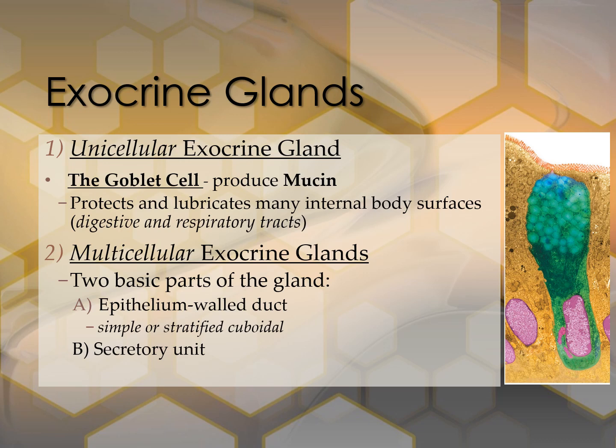And then you have the secretory unit. So whatever the cells that are producing the saliva or the sweat or the oil or the mucus. So whatever is producing that secretion is the secretory unit. So those cells are specialized cells to produce that secretion. And then it's carried through the duct, which is the epithelial tissue.